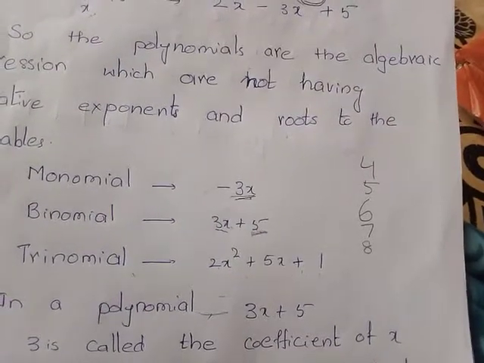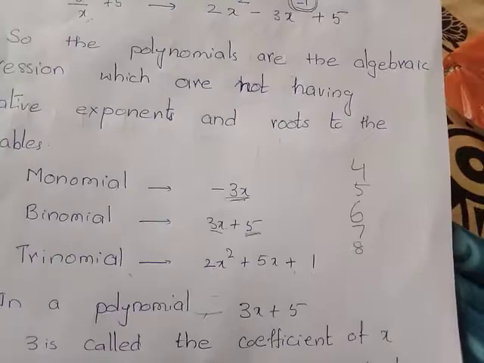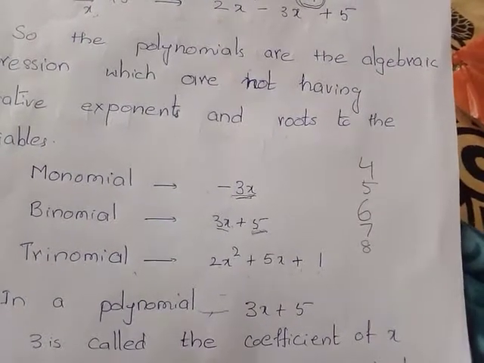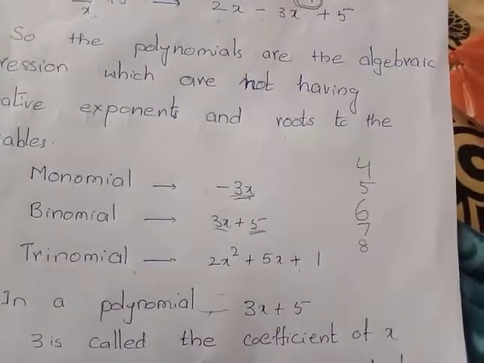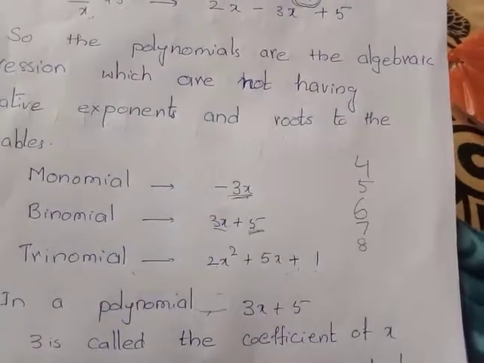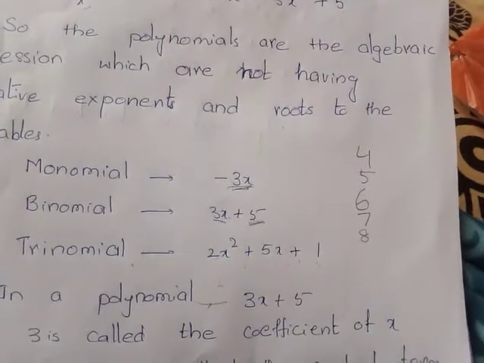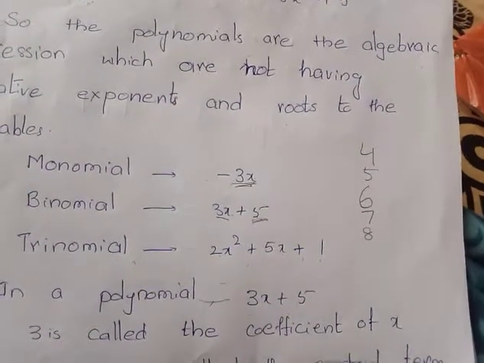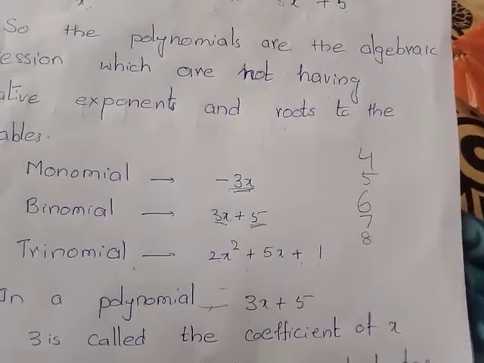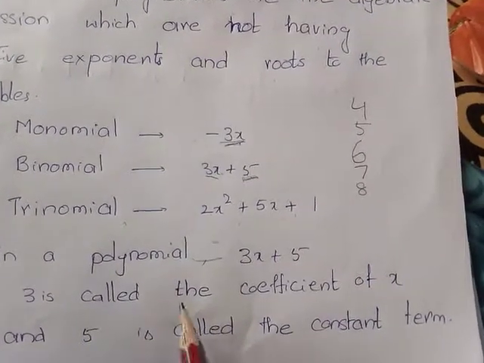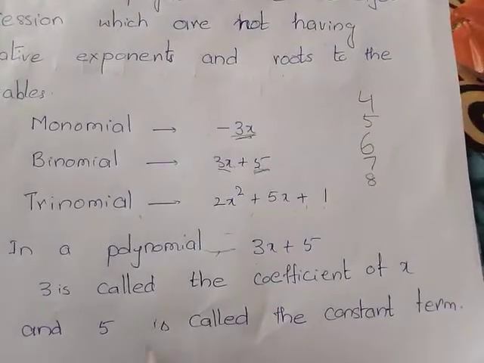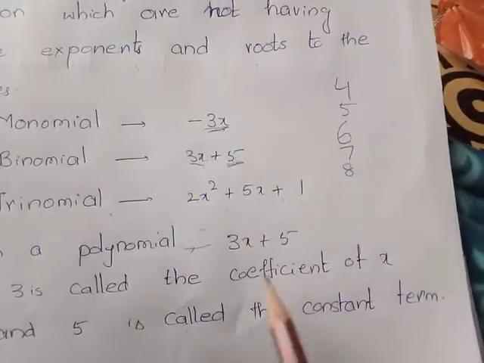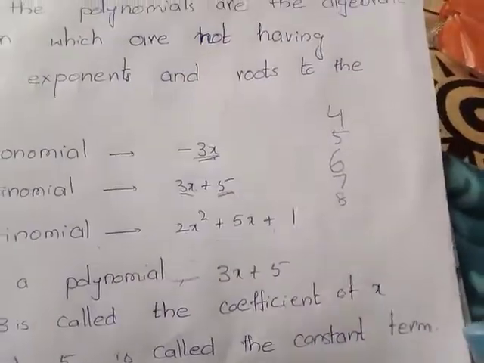Poly means many. We have heard the word polytechnic. What is the meaning of polytechnic? Poly means many technical courses. In the same way, polynomials have many monomial terms. 3 is called the coefficient of x and 5 is called the constant term here and x is a variable.